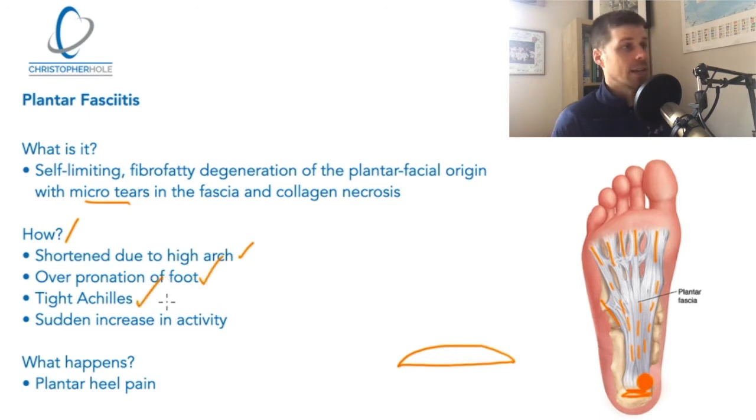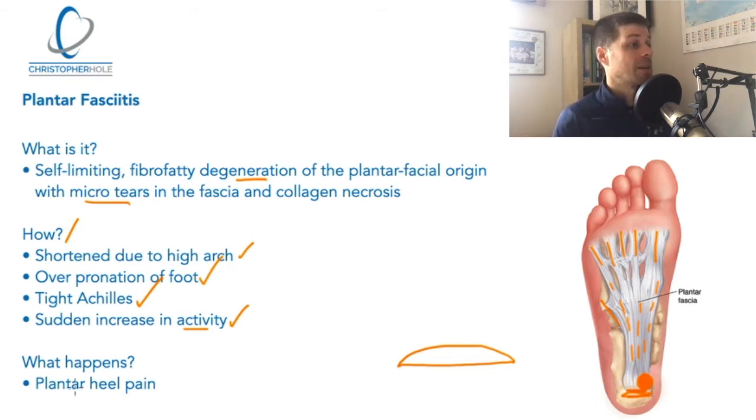Tight Achilles tendon, and then sudden increase in activity. All of these are going to be putting stress on the plantar fascia, which is then going to cause the degeneration over time. This will be something that happens over time, and then the increase in activity will be the straw that broke the camel's back. But you may be able to notice this in tight gastrocnemius, tight soleus, tightness through the Achilles tendon. So that could be some precursors to it.